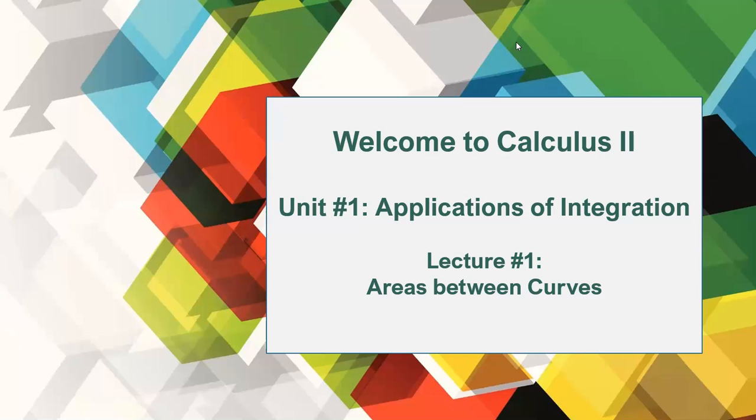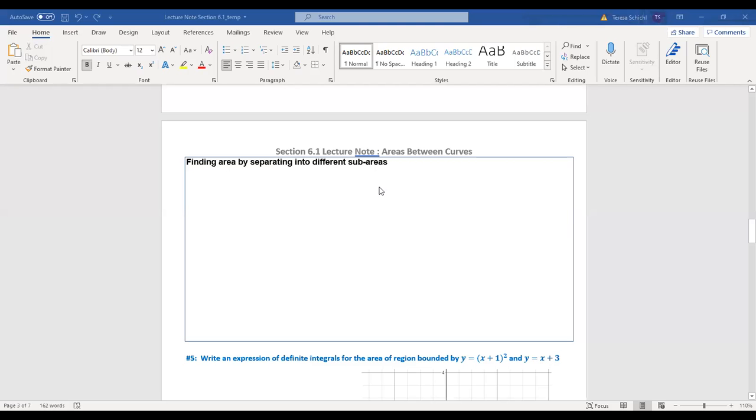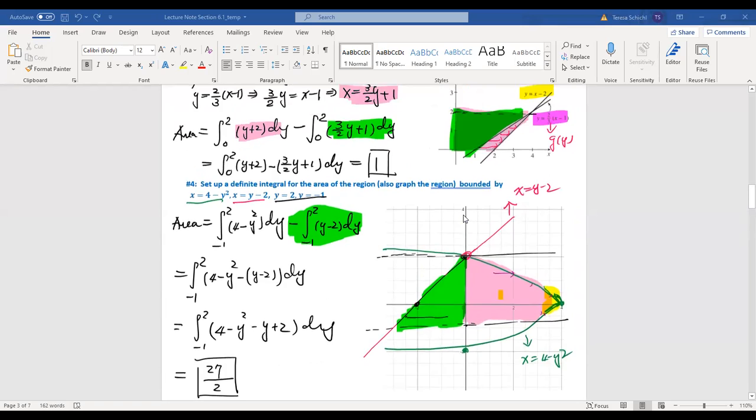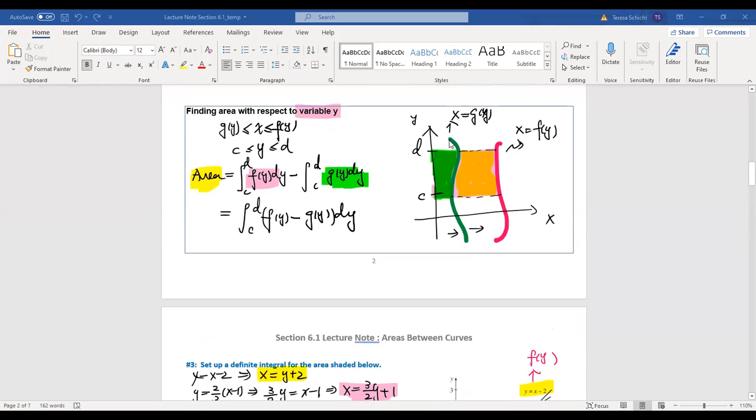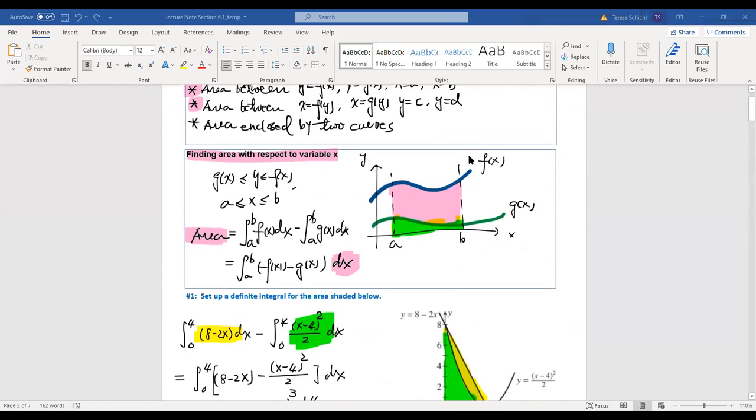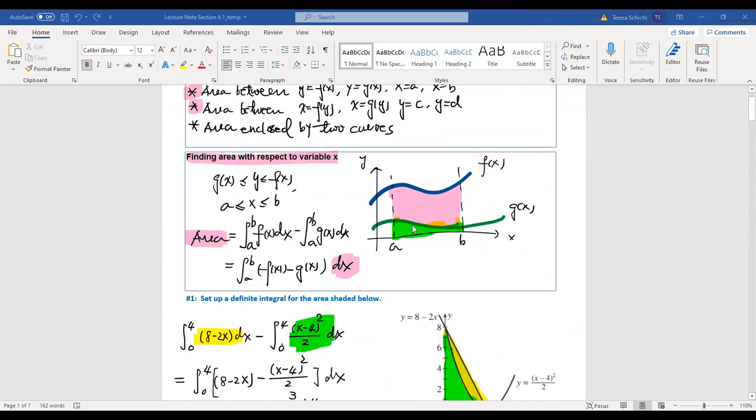Okay, so let's go back to our lecture notes where we stopped last time. In part 1 of this first lecture, we talked about how to find the area between curves. We covered two basic cases: finding the yellow area between the pink function and the green function, and finding the area between the function f of x and g of x.